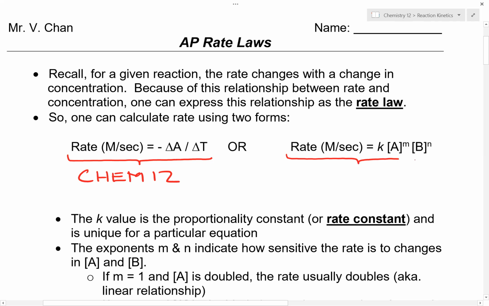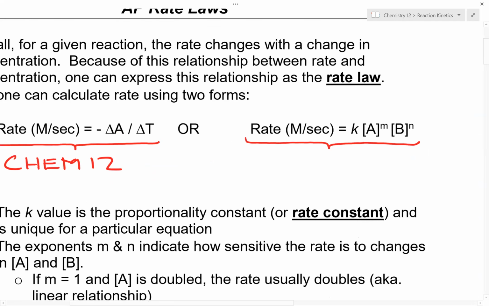In this case, to calculate the rate, we take k, which we'll explain, times the concentration of A, a reactant, raised to the power of some number, and the concentration of B raised to some power. This is what we're going to focus on in AP Chem.